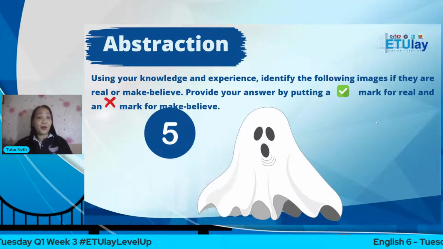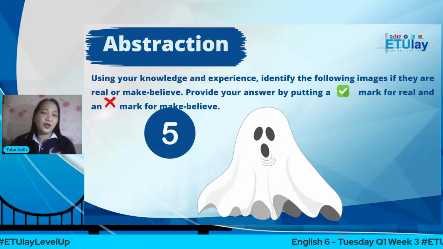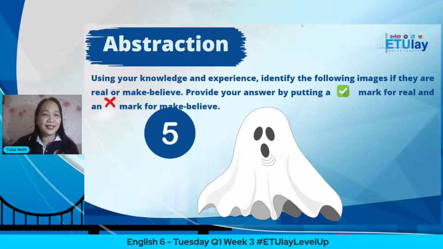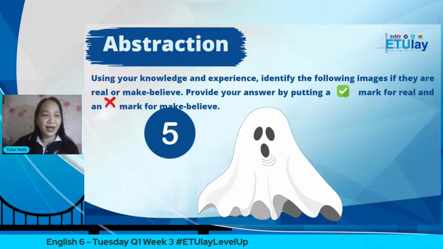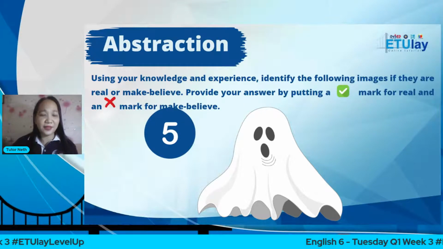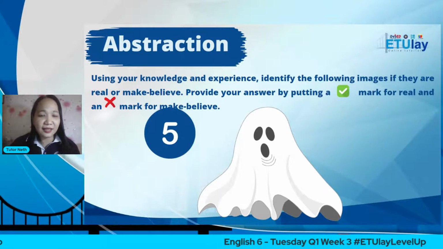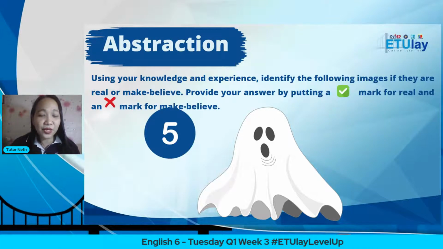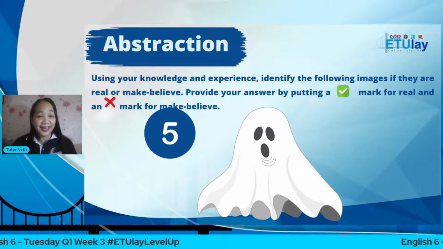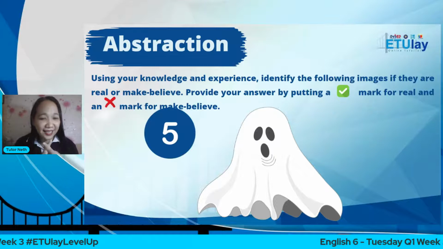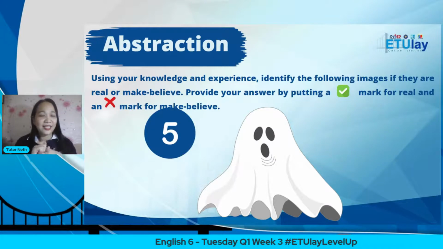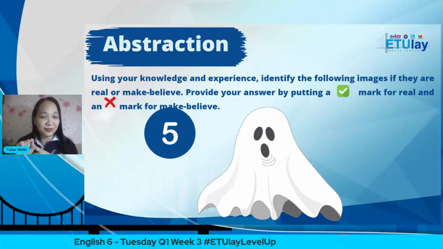Next, number 5. What kind of image is this? For number 5, let me see your answer. Joanna May Dacumos, X. Erica Galang, X. Alijan Christopher, X. Isabel Bareng, make believe.